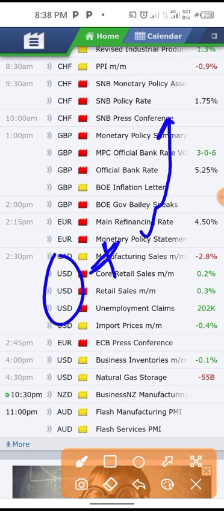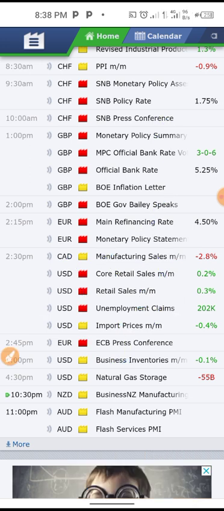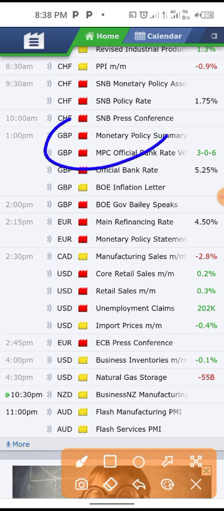So what it means is you want to go buy a currency pair where US dollar is the base currency. Example, USD JPY. That is it. So, for example, this one, GBP. If the news is positive, you want to go buy.